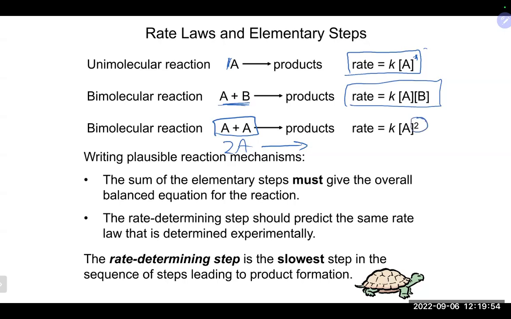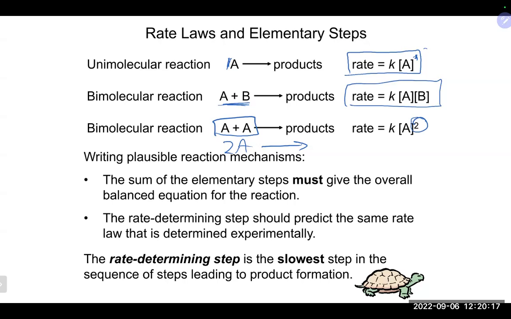So that is where the 2 comes from. So this is the one and only place in kinetics where you could use the coefficients as the orders and everything will be okay. Again, normally if it's not a mechanism problem, you should not do that. You should do it the way we've done before, you know, rate 2 over rate 1 and all that kind of stuff. But here it's okay.